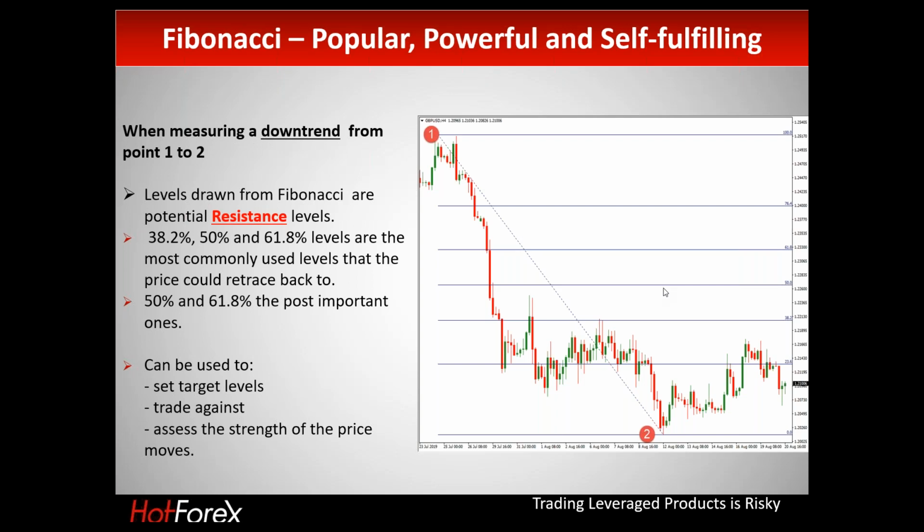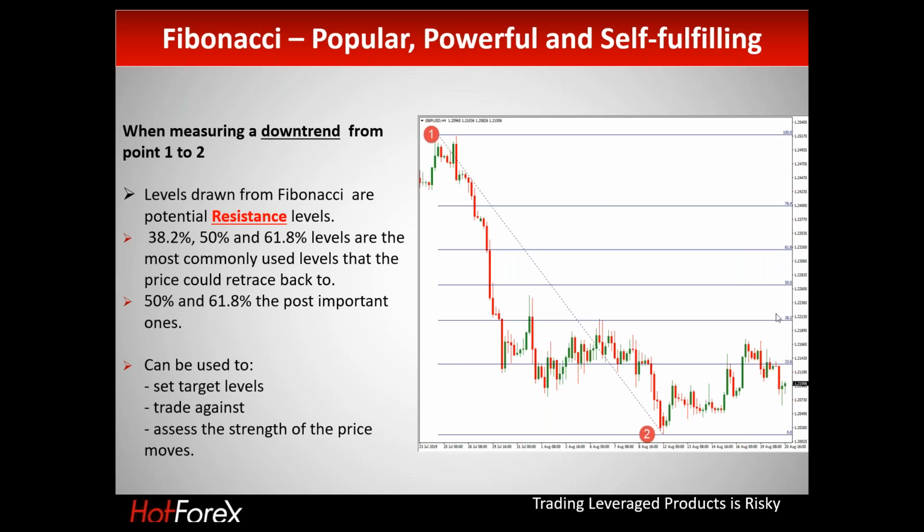If this has been breached and broken, now from resistance, it could act as a support, depending, of course, on the trend. So the retracement levels tell us how far the pullback or the correction could be.